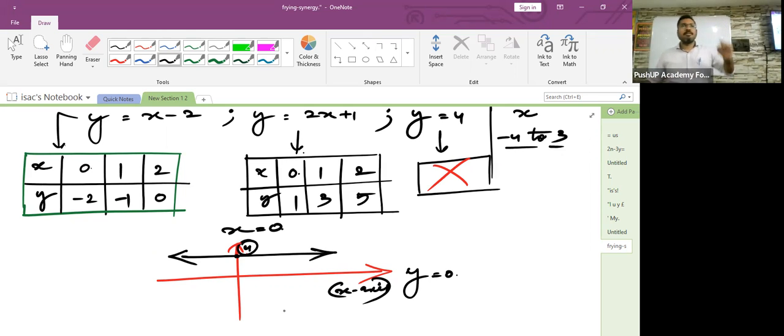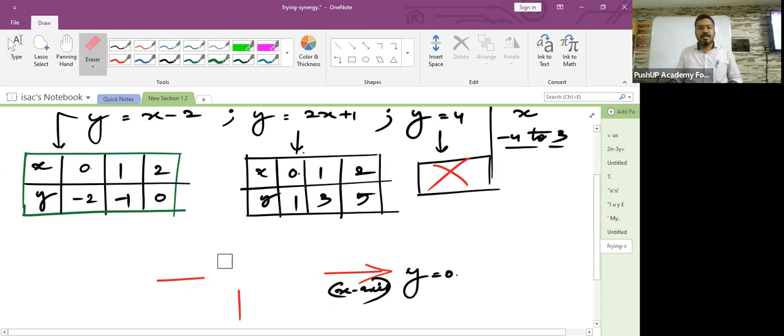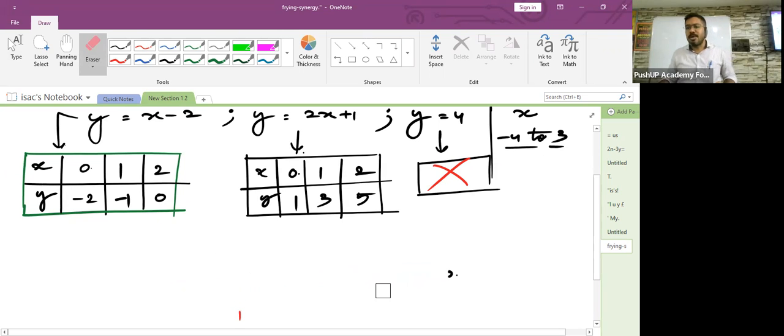Online students, you all remember? Fine, children. So you all know there is no need to prepare a separate table for y is equal to 4. You just need to draw a line which is parallel to the x-axis and passing through point 4 on the y-axis. That's all.